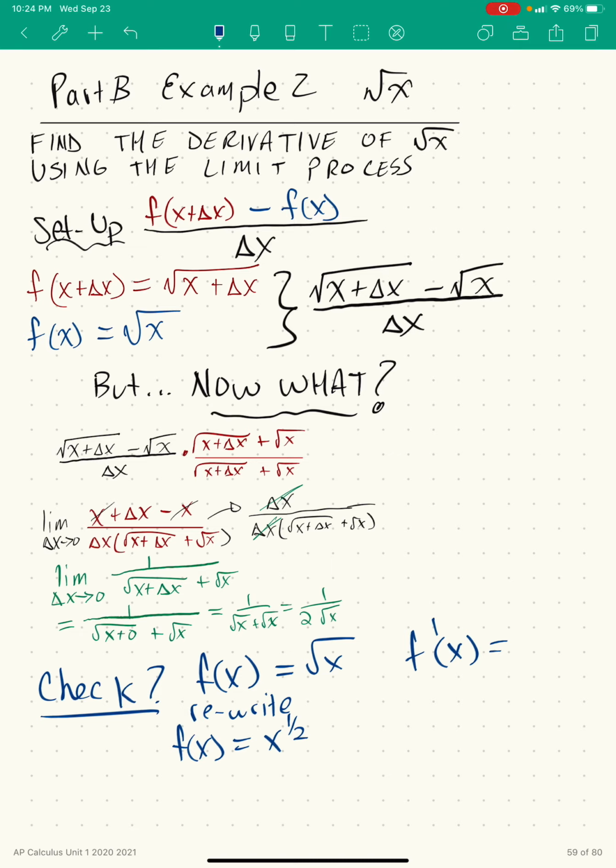And now I can apply the power rule, which says multiply by the exponent, keep the variable, and subtract 1 from the exponent. So 1/2 minus 1, or 1/2 minus 2 over 2, is negative 1/2. And if we simplify that, ladies and gentlemen, we get 1 over 2 radical x, which means we got the right answer. And our check proves it.